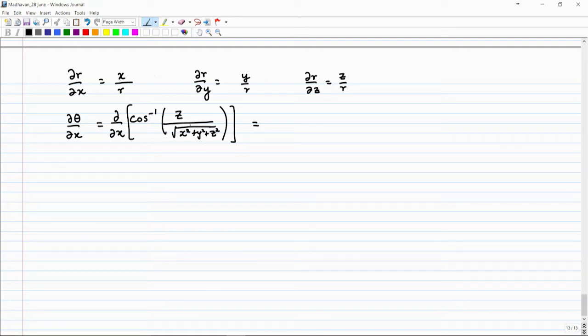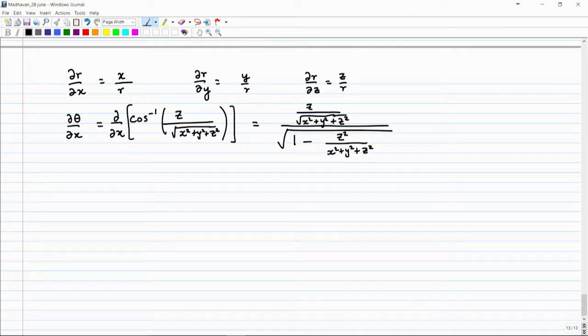Now you have to write the derivative of cos inverse of some quantity. So the derivative of cos inverse is just that quantity divided by square root of 1 minus, now I will have z square divided by x square plus y square plus z square.